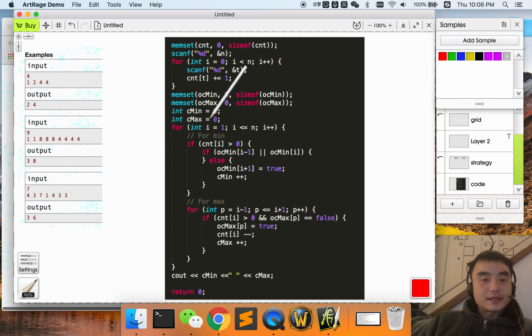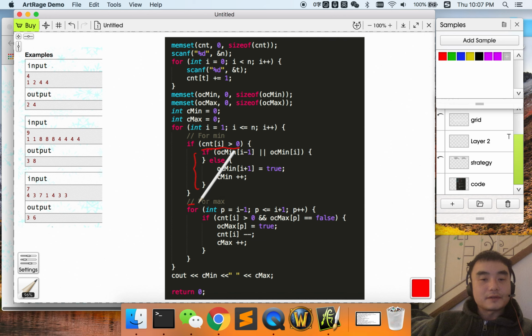And we iterate from the leftmost house to the rightmost house. And for the minimal number of occupied houses, we check if the pointed house has people. If it doesn't have any people, we don't need to do anything, right? So this part is just apply those strategies.